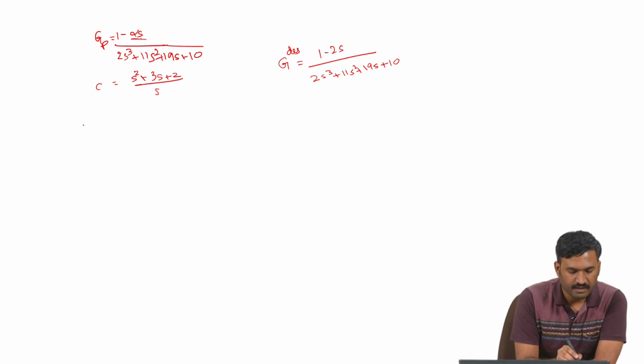So, we will have the closed loop transfer function GCL equals GPC divided by 1 plus GPC.